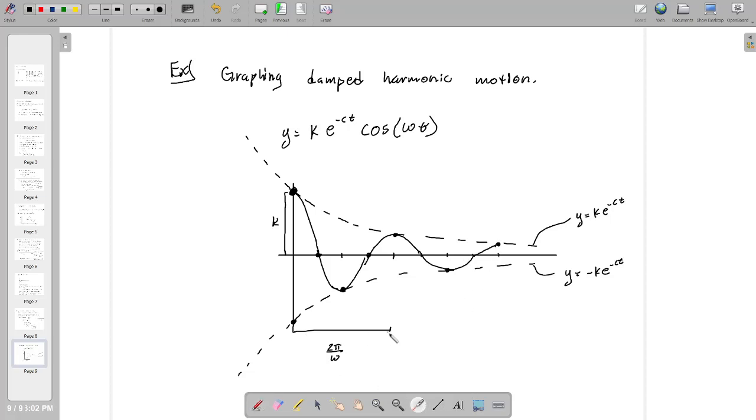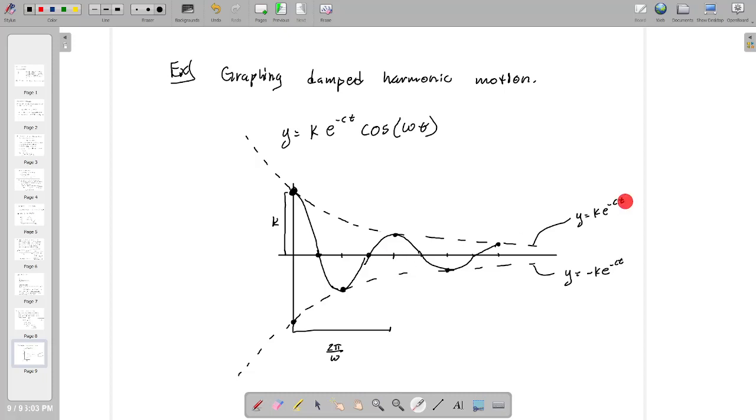Notice that this is 2 pi over omega. The next cycle would be, again, 2 pi over omega, one full period length. But notice that the amplitude is the measurement of this function at whatever t value the maximum occurs at. So here, this t value would be 2 pi over omega.